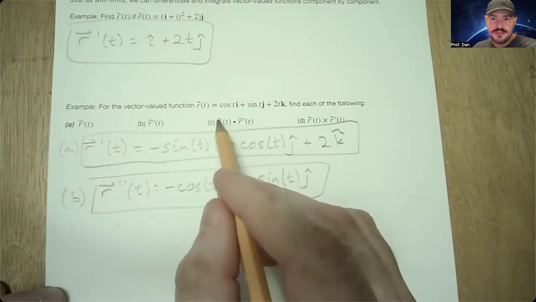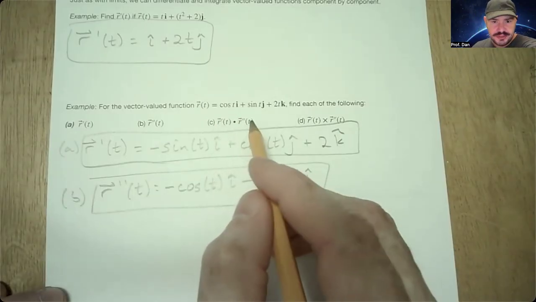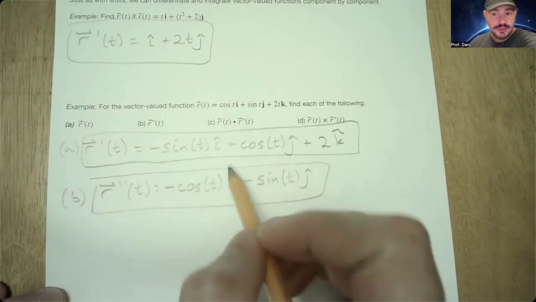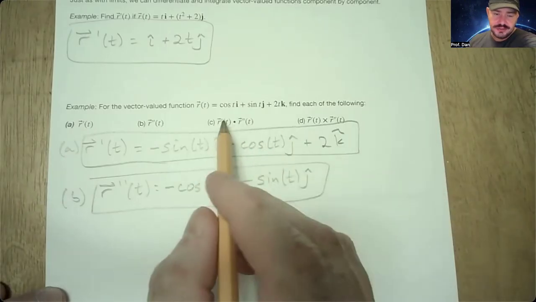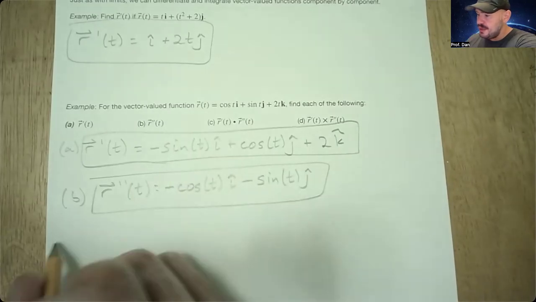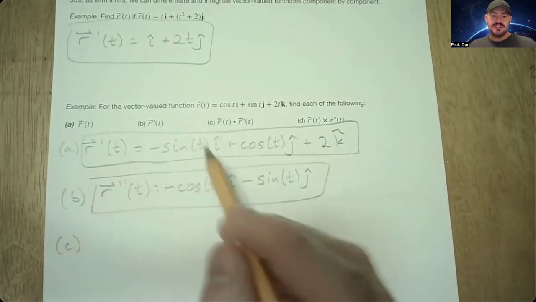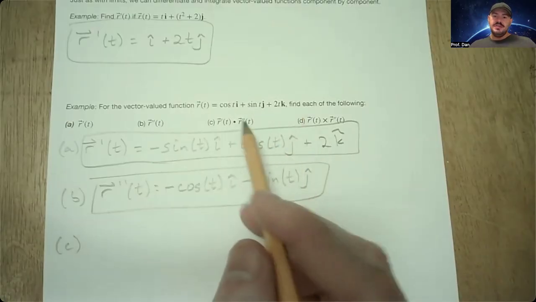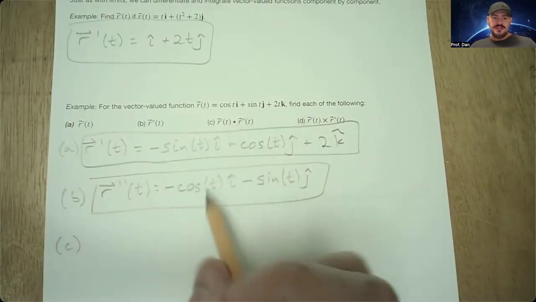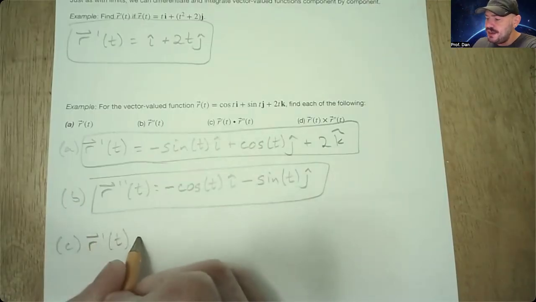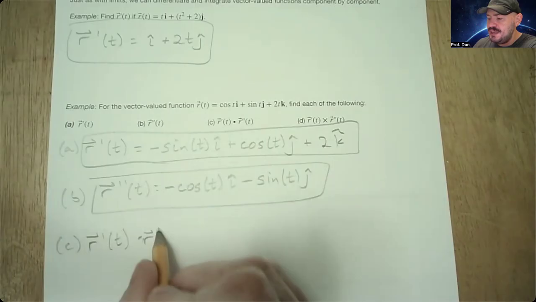So the idea here is I'm taking these derivatives first, and then I'm taking the dot product. Since I already know what the derivatives are, I can just use my component times component definition of dot product to get the answer. So r prime of t dot r double prime of t.